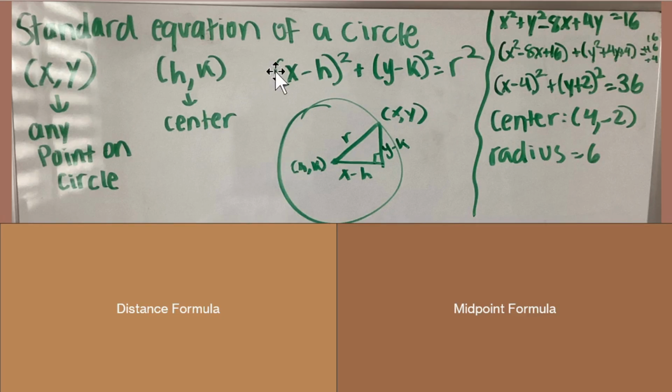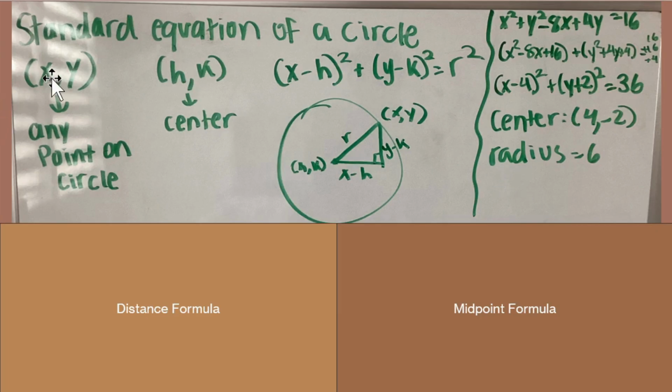So now, if you really want to understand the depth behind why this is the equation, why are they equal to each other? Well, let me show you. Okay? If you know the Pythagorean theorem, which is a squared plus b squared is equal to c squared, this makes sense. X minus h squared, right here, plus y minus k squared, right there, is equal to r squared.